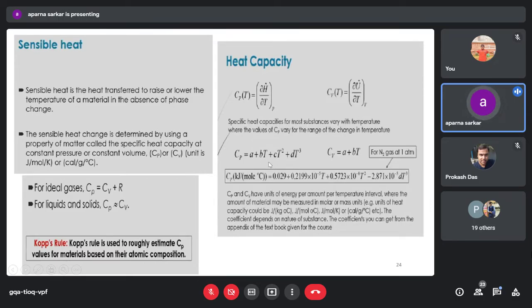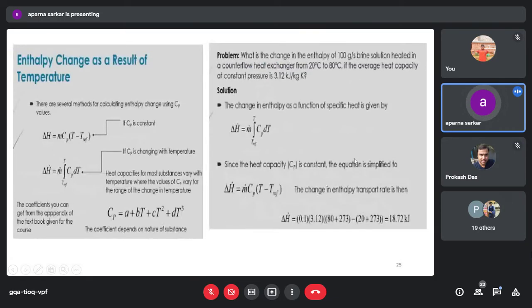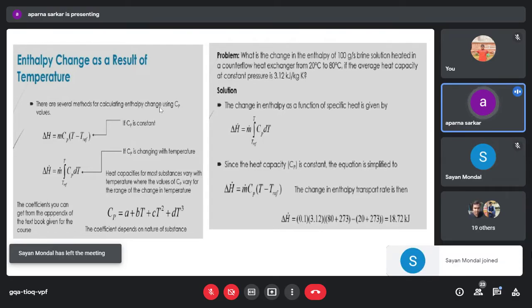For Cp, we have a formula: A plus Bt plus Ct squared plus Dt cubed. These A, B, C, D are constants. In a numerical, you can see the values of the constants. And for the determination of Cv, we have A plus Bt. Now we have all those formulas. Then the enthalpy change is del H is equal to del U plus del PV.